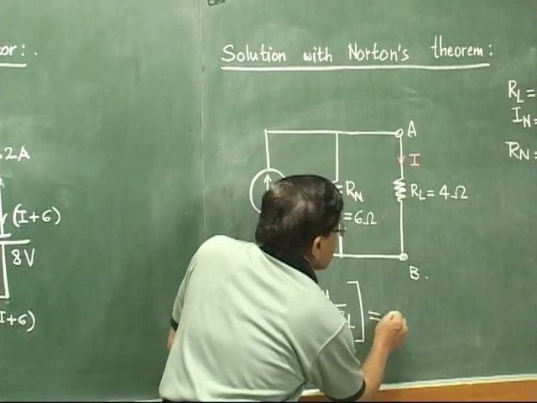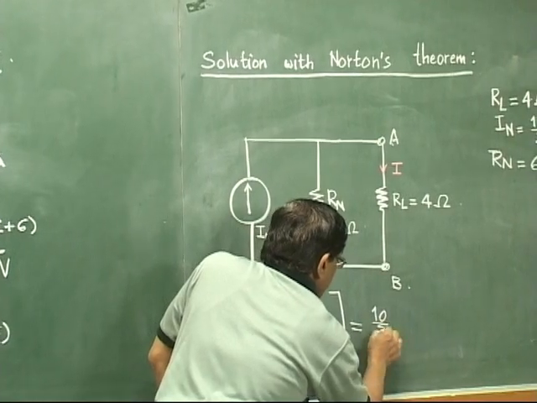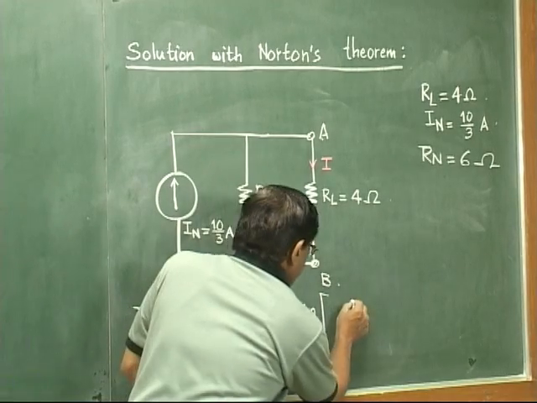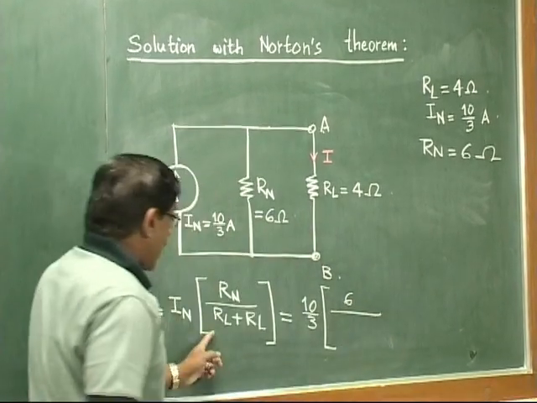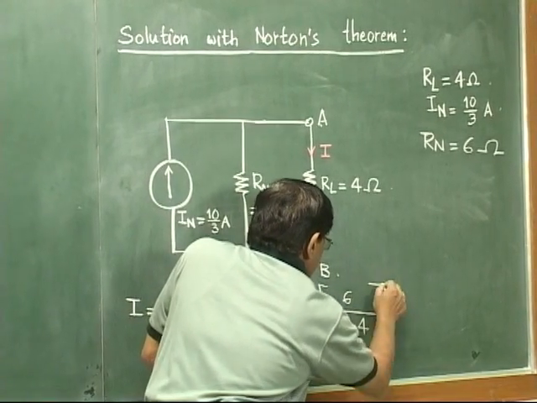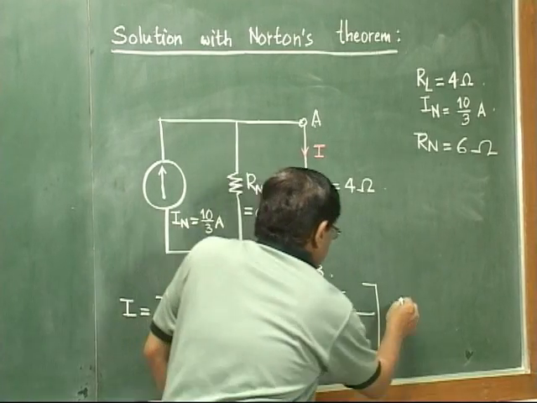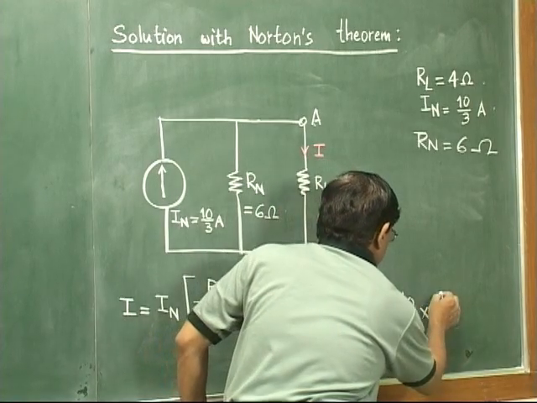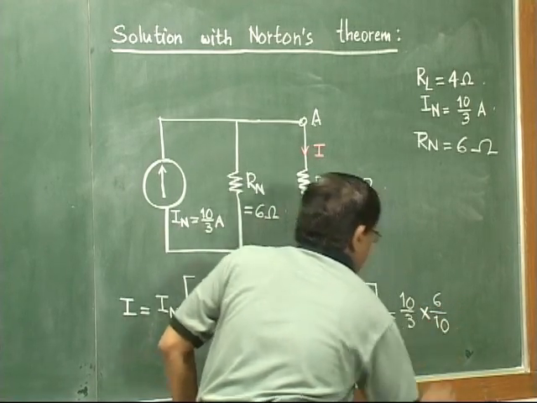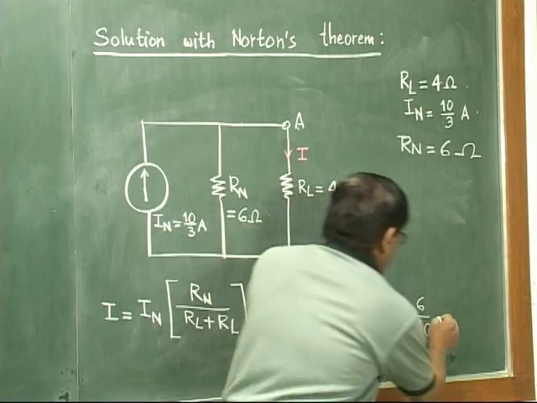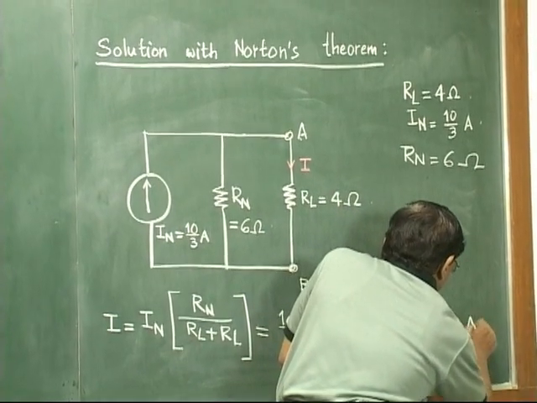So IN is 10/3 into bracket, numerator Rn is 6, divided by 6 plus 4. So we will get it as 10/3 into 6/10. So we will find that again 10 will be cancelled and 3 2s are 6. Again we get the same answer of 2 ampere.